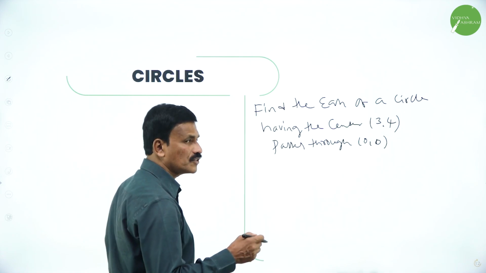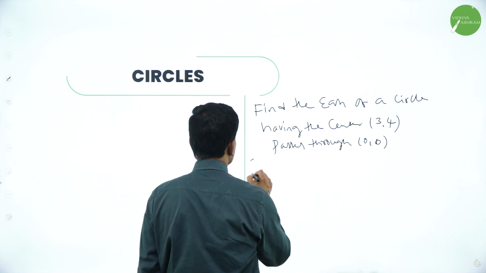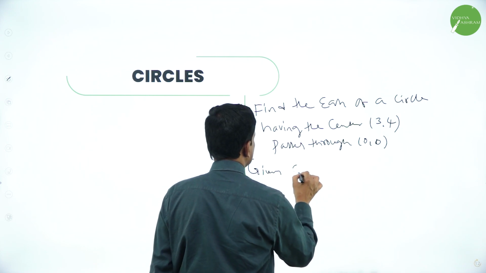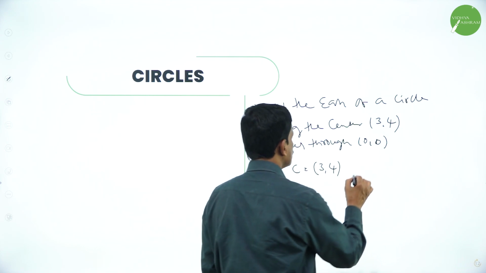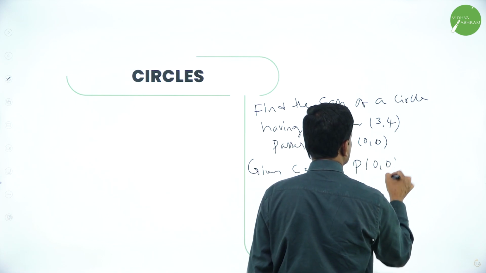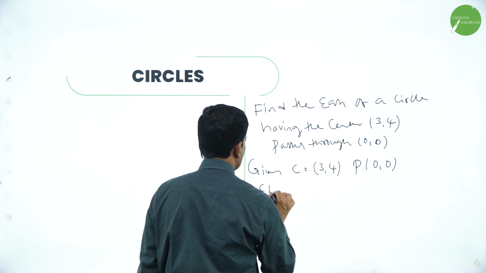Now same type as that of the previous problem. So what is given here? The center is (3, 4) and the circle passes through the point P (0, 0). Now find out CP.